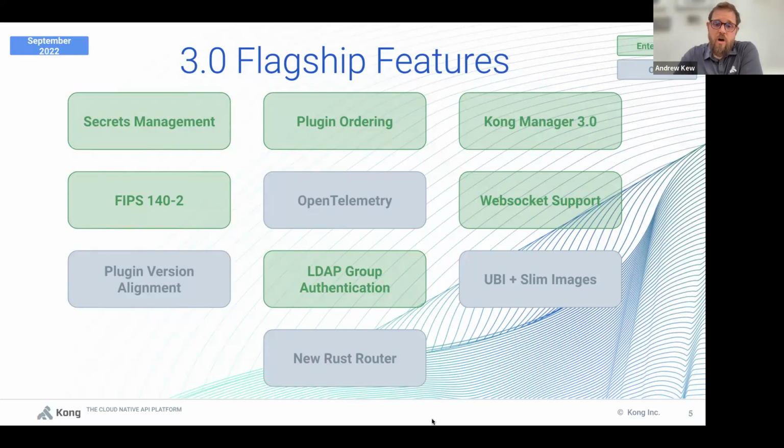The new data plane Rust router is probably another one worth mentioning. The router on the data plane has been rewritten using the Rust language. This has been a really big step forward in the Kong data planes and has added quite a lot of good performance improvements in the router.